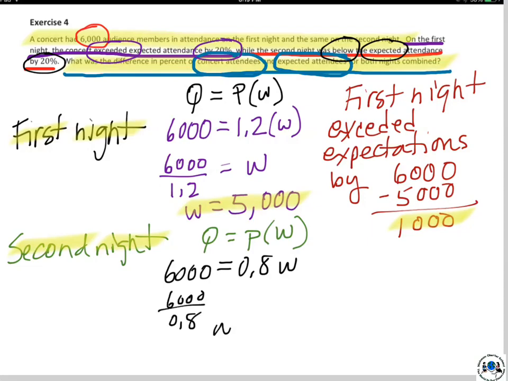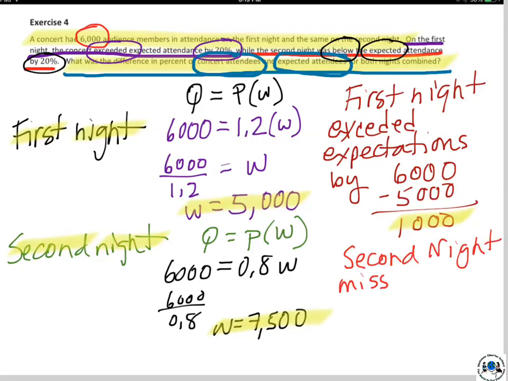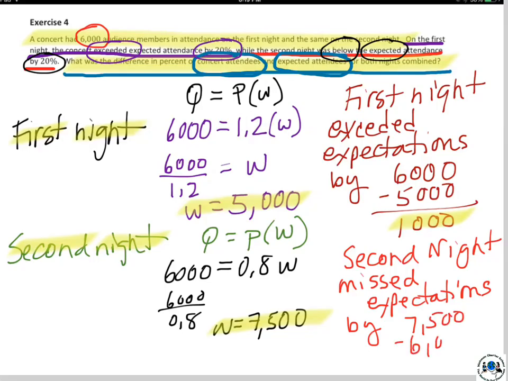All right, if we go ahead and do this, and again, you've done this so much, we end up with W equals 7,500. Therefore, our second night's attendance missed by 1,500, because we figured out that 6,000 represented a 20% miss.